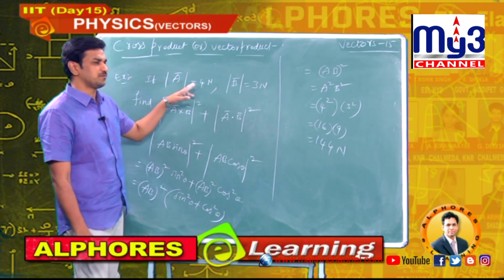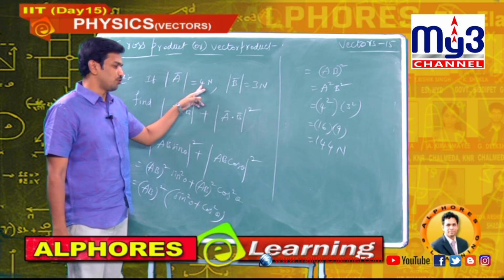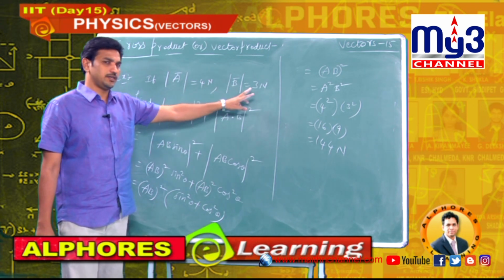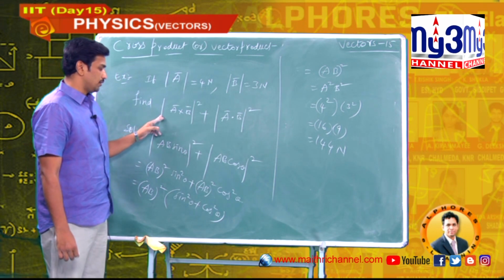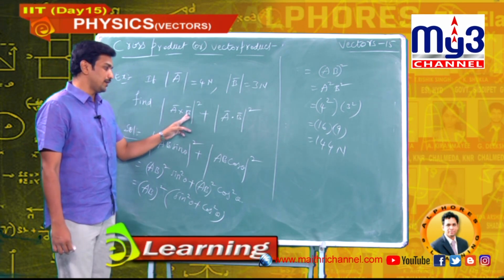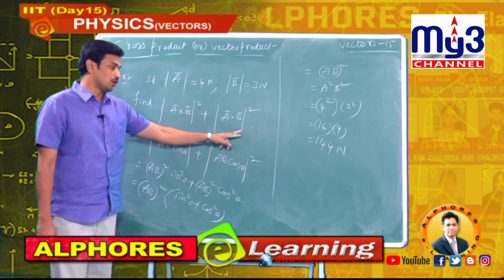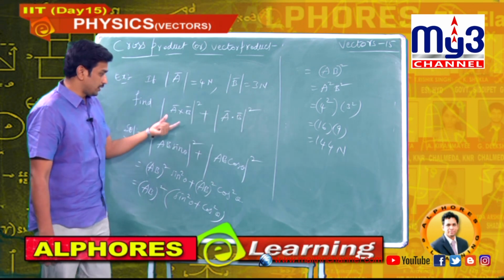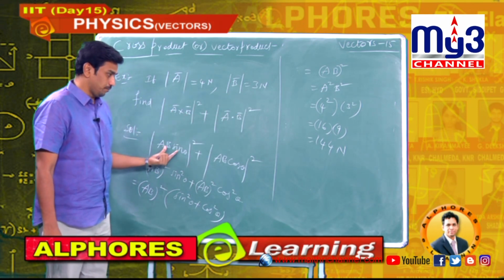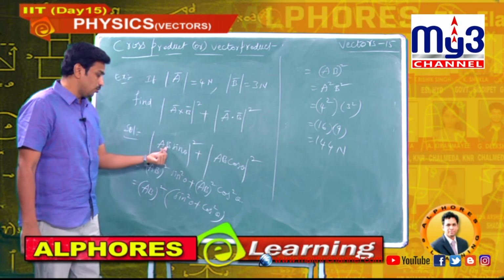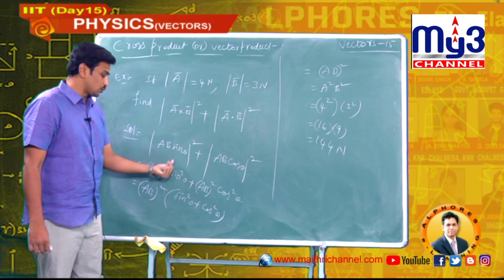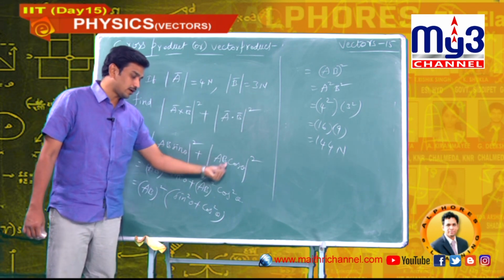Given in the question, mod A bar is 4 newtons, mod B bar is 3 newtons. Now they are asking us to calculate modulus of A cross B whole square plus modulus of A bar dot B whole square. What is A cross B? AB sin theta. What is A dot B? AB cos theta. See, AB whole square sin square theta, AB whole square cos square theta.